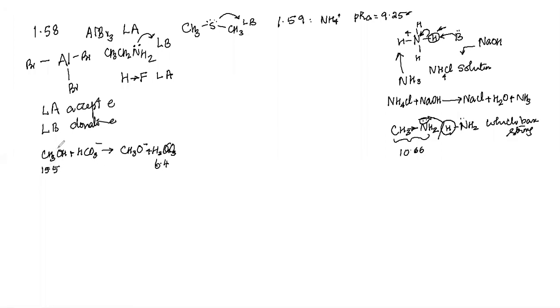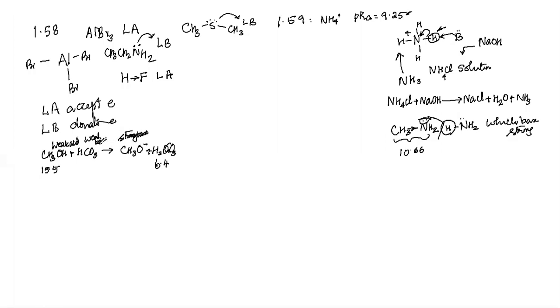And also you can think of this. See here, this is a very weak acid, and this is a very strong base, and this is a weak base. Now, a weak base cannot generate a strong base.